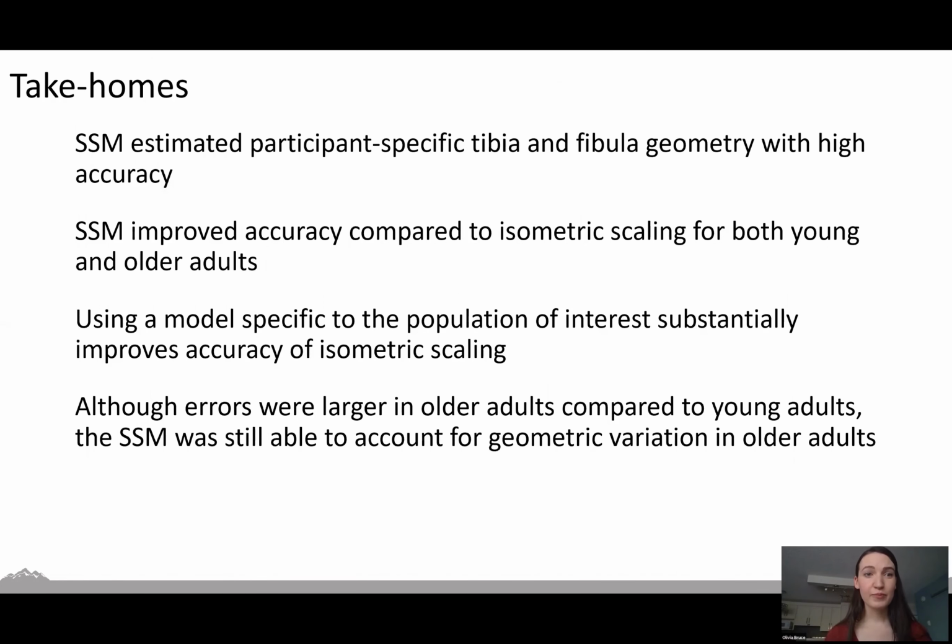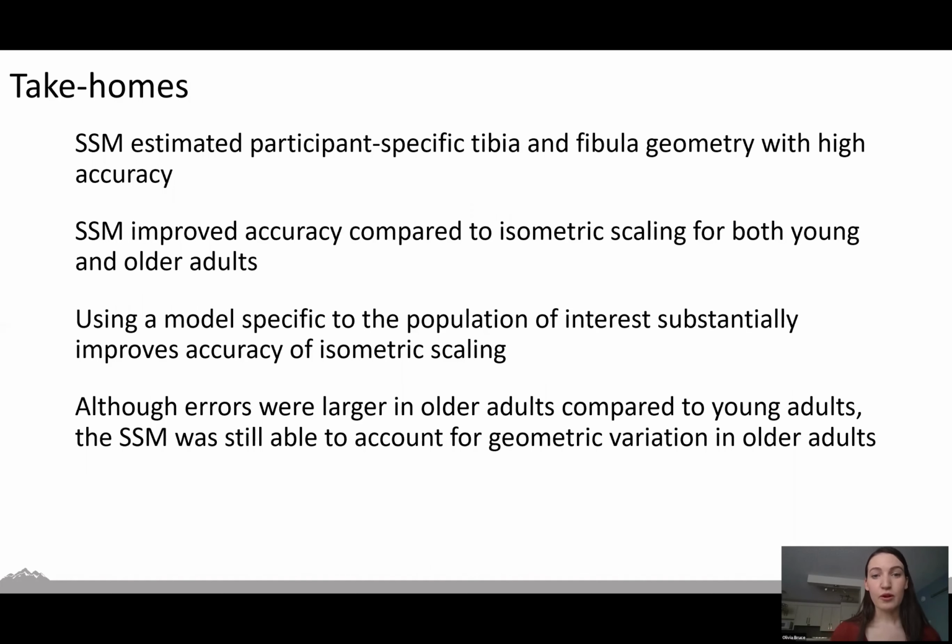To summarize, the statistical shape model that I developed estimated participant-specific tibia and fibula geometry with very high accuracy, and improved accuracy compared to isometric scaling in both young and older adults. When we looked at isometric scaling, using the model specific to the population of interest substantially improved its accuracy.